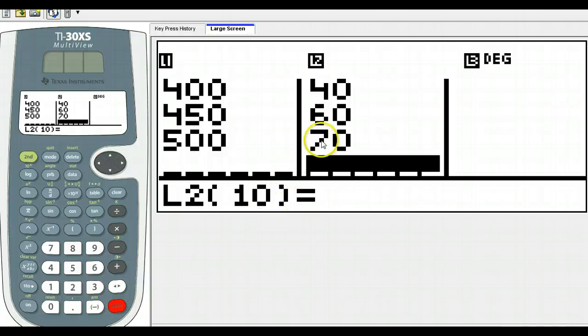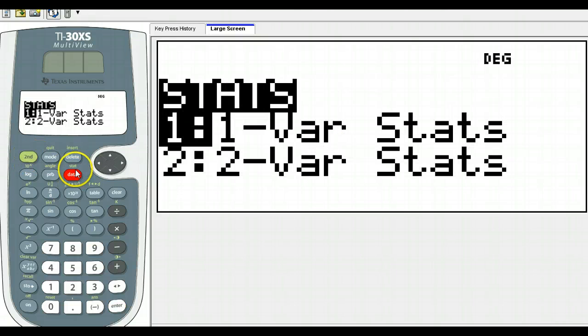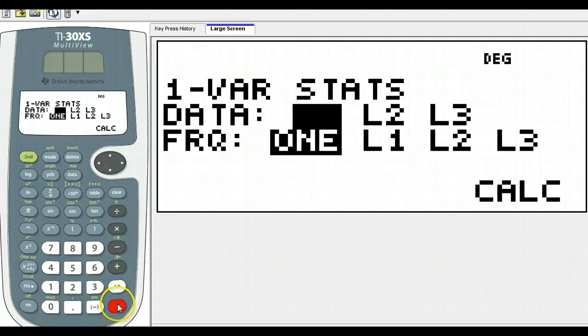So, here's how you find the standard deviation. Go ahead and hit second data to get to the statistics menu. We will do one variable statistics for a job like this. Now here's where we have to do something different than we normally do. Now we have the data in list 1, but we have frequencies recorded in list 2 this time.